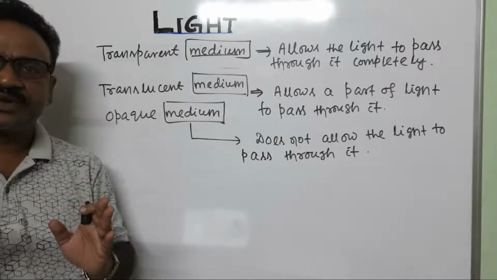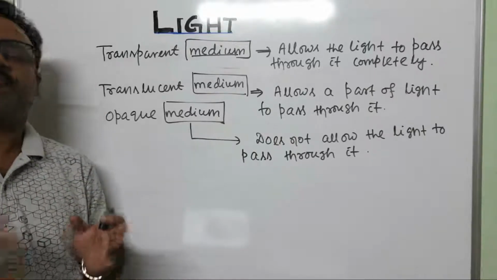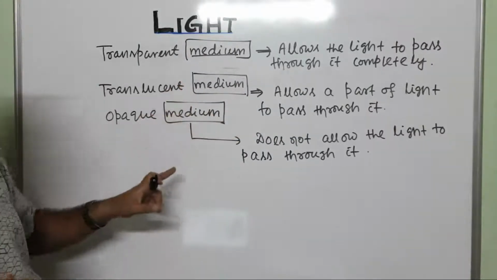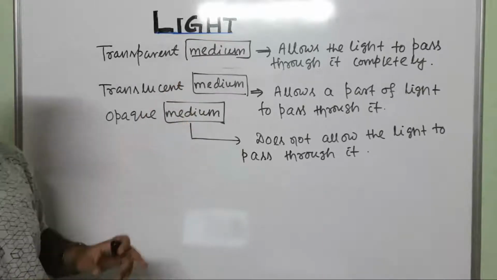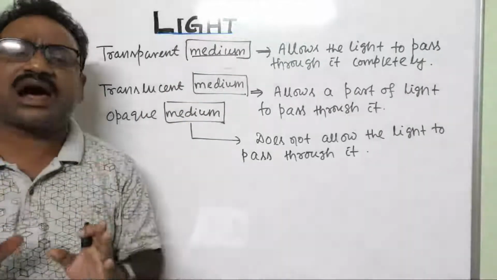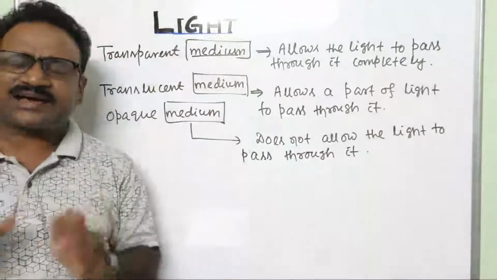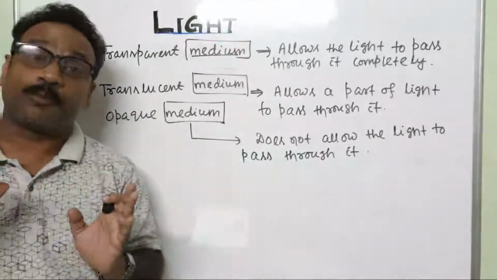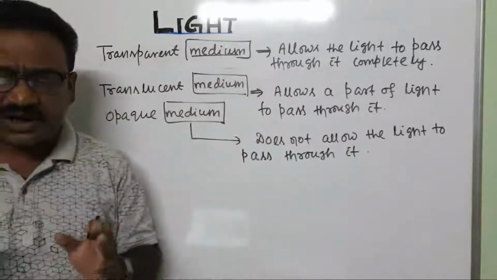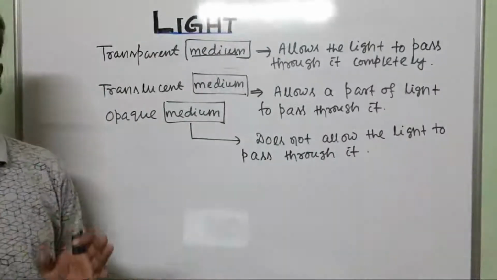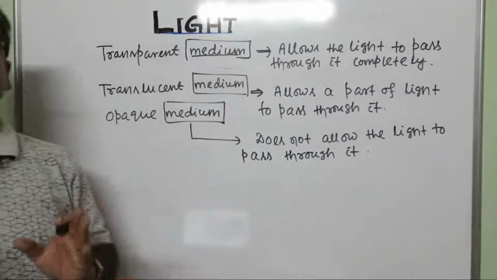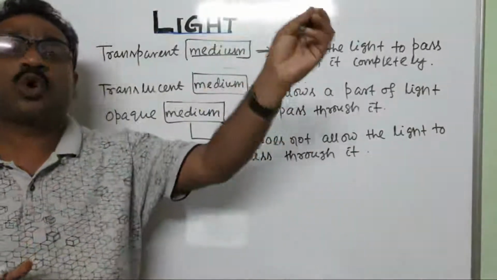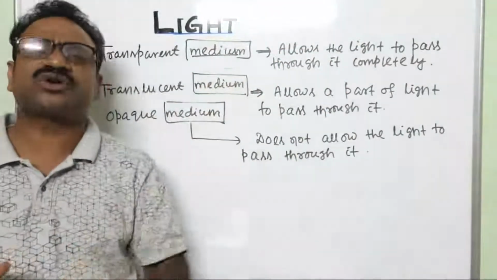Butter paper, ground glass, and polythene are translucent. Opaque bodies do not allow light to pass through them, like your book, stone, brick. So these are the three important media through which light passes from a source to fall on any object or the receiver.